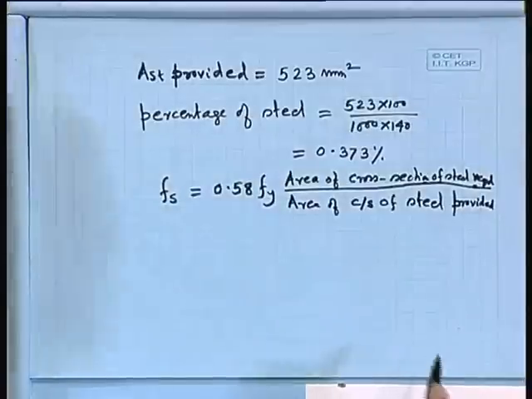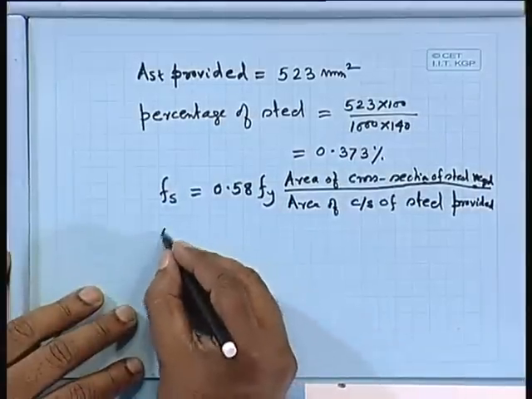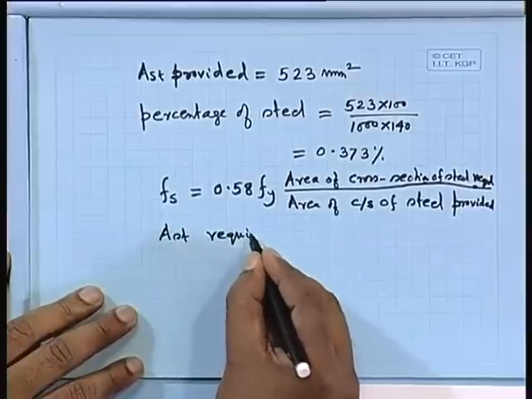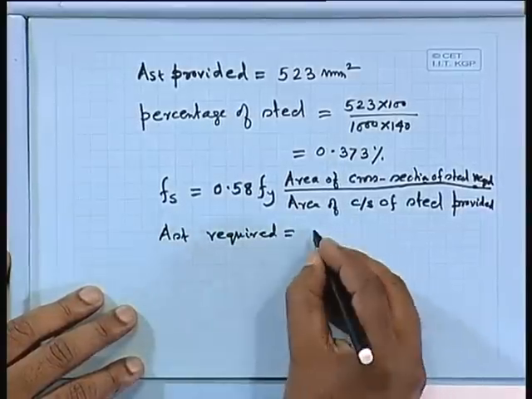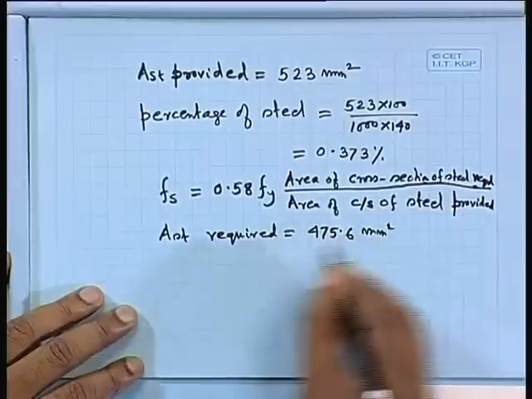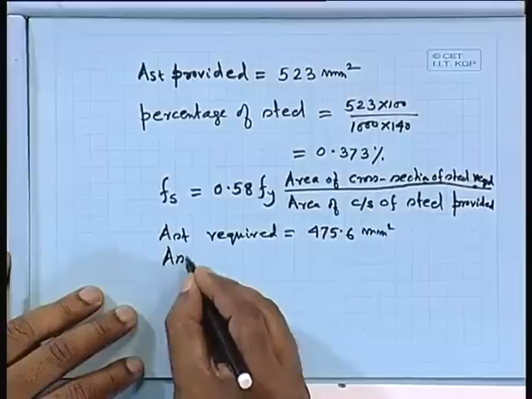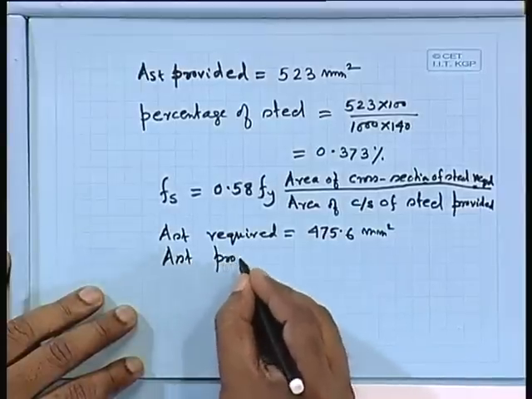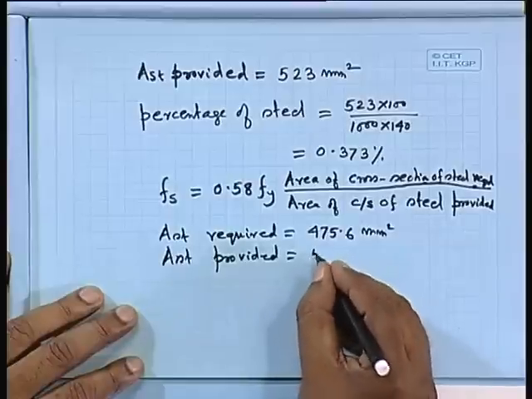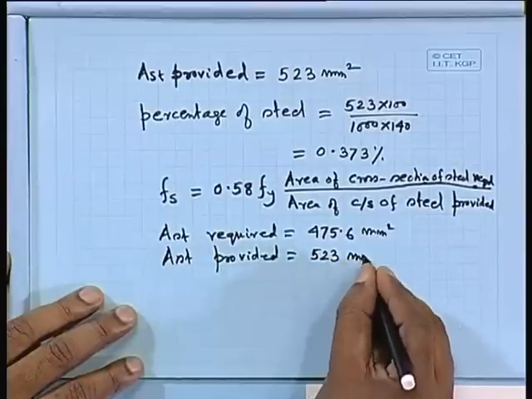So, let me write down here clearly: AST required equal to 475.6 square millimeter, AST provided equal to 523 square millimeter.